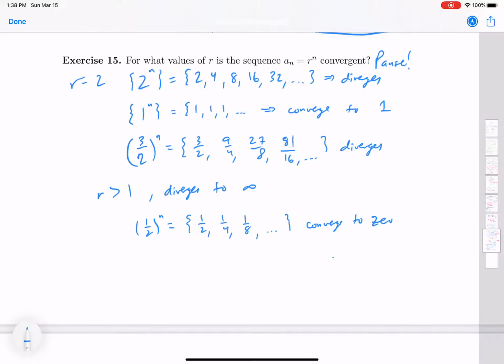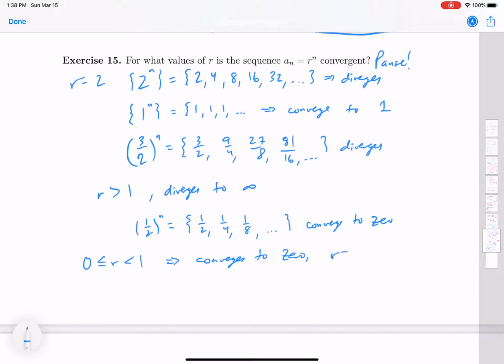And hopefully you can see that for any fractional number between 0 and 1, it's going to just keep decreasing because you're multiplying it by something that's less than 1. So what do we have here? If r is between 0 and 1, then it converges to 0.